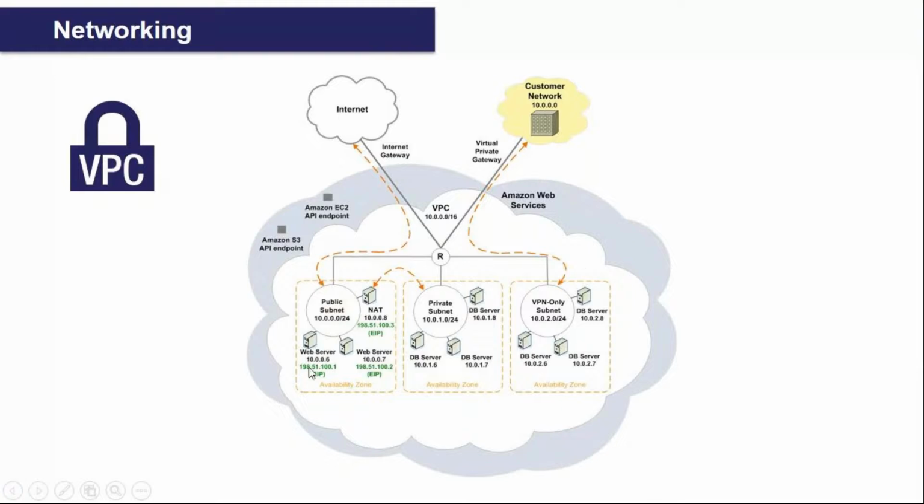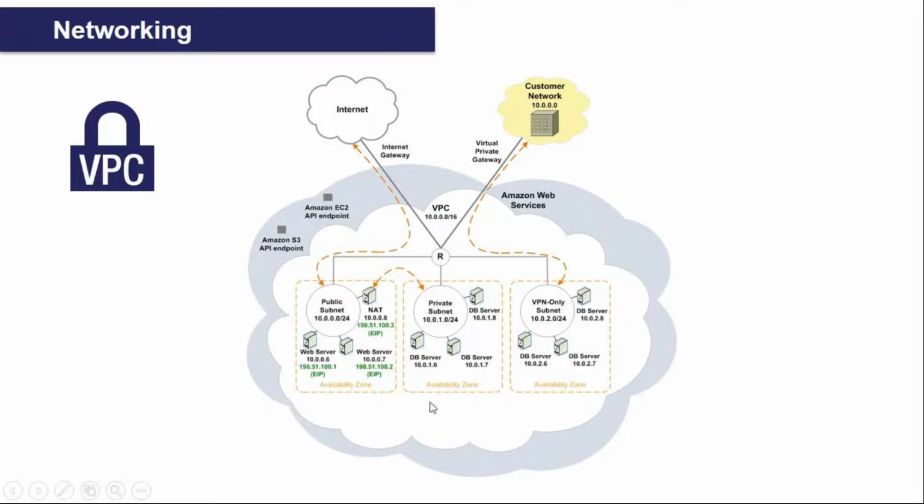Inside that, there are web servers, then database servers, then there are public subnet, private subnet, and VPN-only subnet, when it caters to all the needs. All these EC2 instances which we have created today fall under the virtual private cloud.